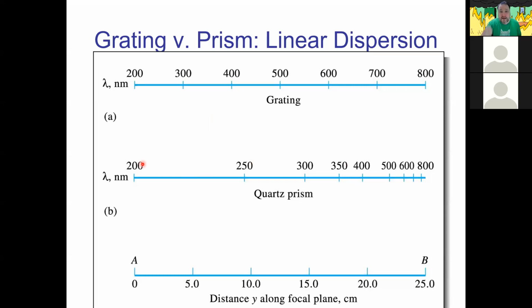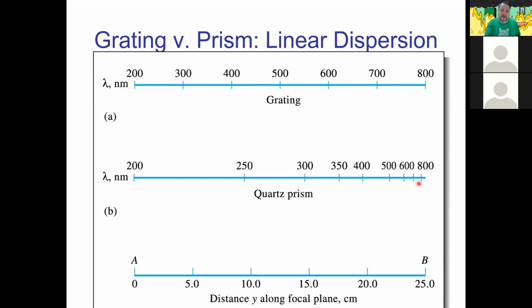For a grating, the wavelength dispersion is nice and even: 200, 300, 400, 500, 600, 700, 800. And so you're better able to resolve things down here at this lower energy end of the spectrum than you are with the prism. It's a little bit easier to make something with the grating because these are evenly spaced.